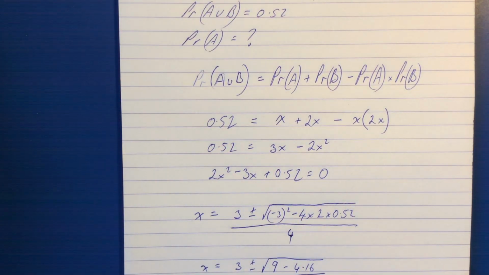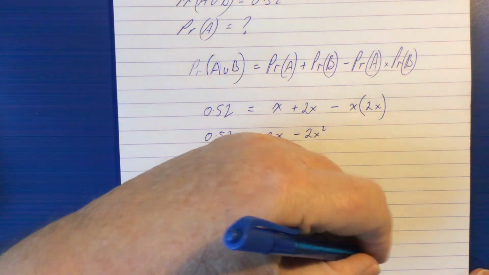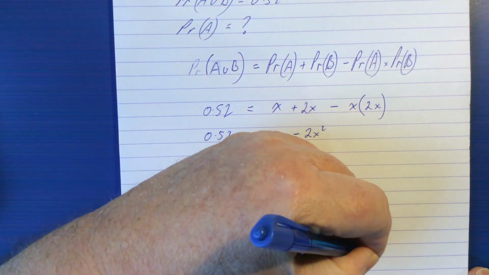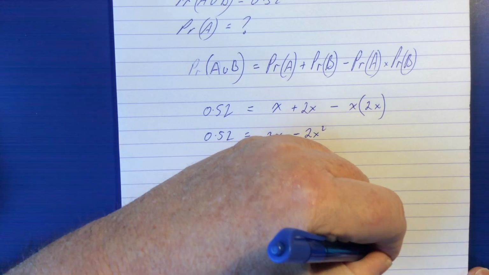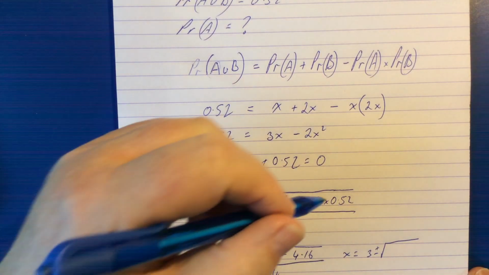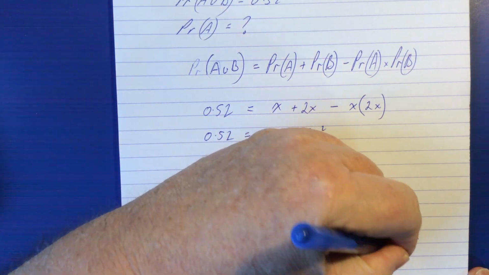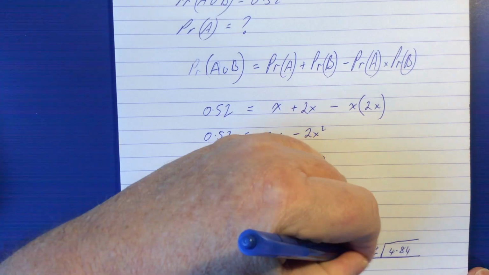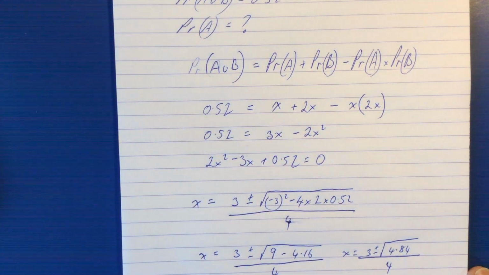A little bit more tidying, and I get x is equal to 3 plus or minus the square root of 9 minus 4.16, which is 4.84, over 4. Calculate that out.